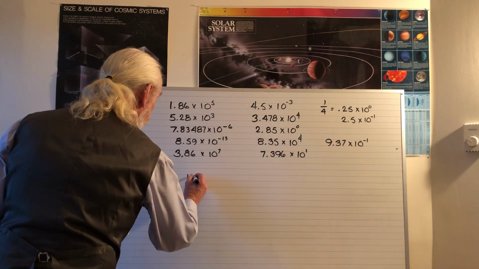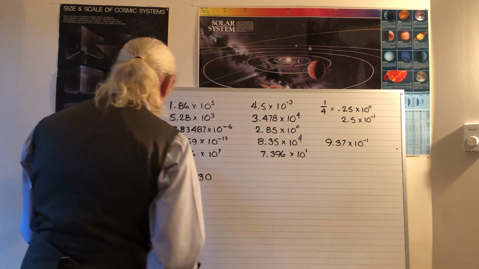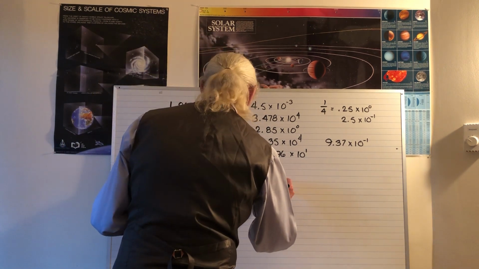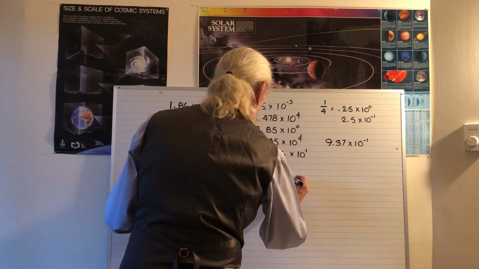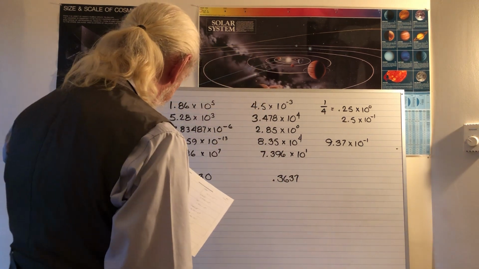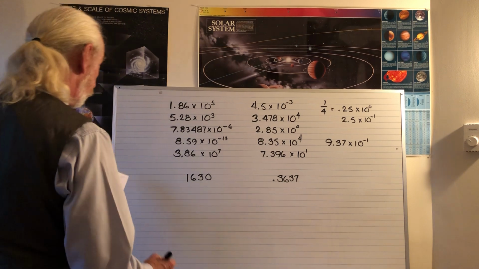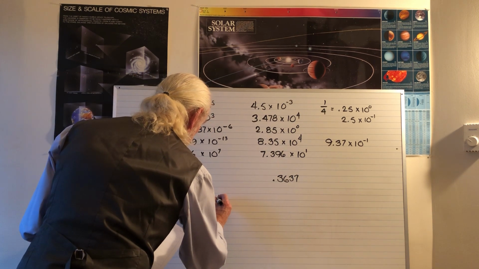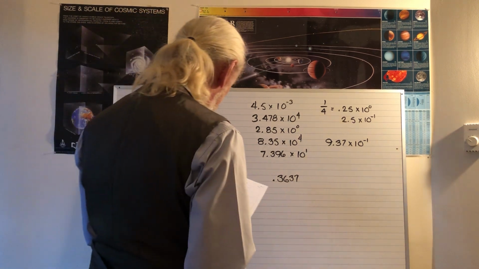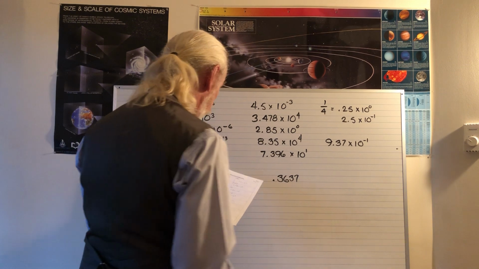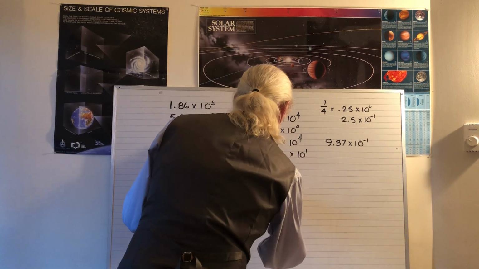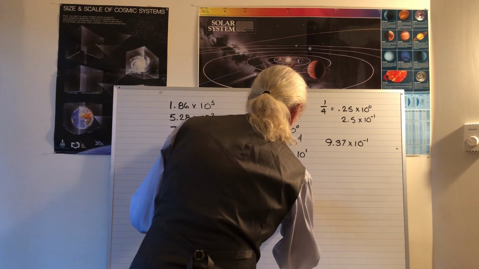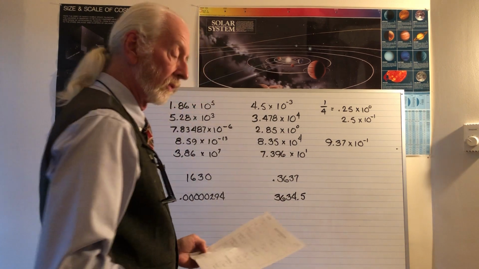That converts to 1,630. 3.637 times 10 to the negative 1 converts to 0.3637. 2.94 times 10 to the negative 6 converts to 0.0000294. 36.345 times 10 to the negative 2 converts to 3,634.5. All right, so there's your lab exercises.